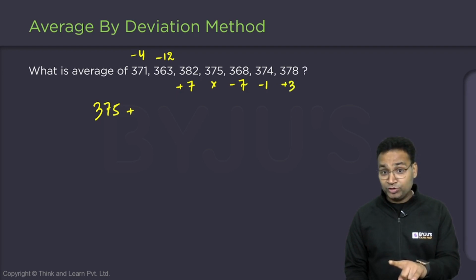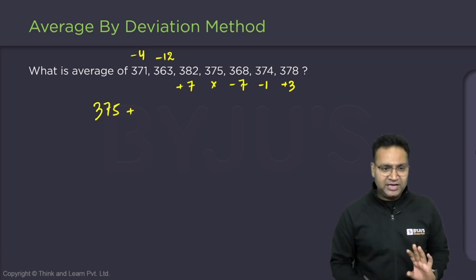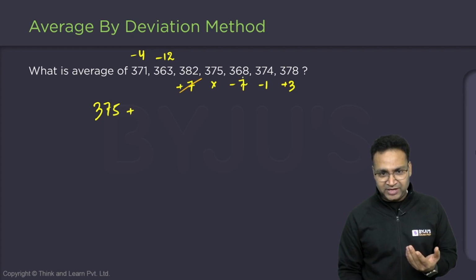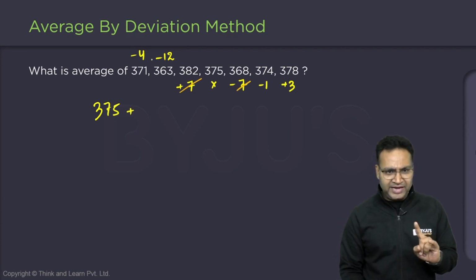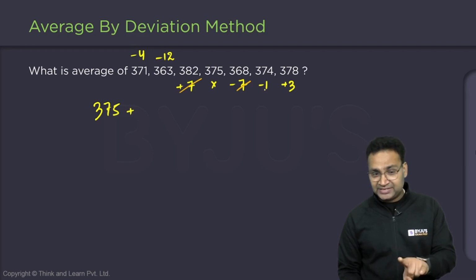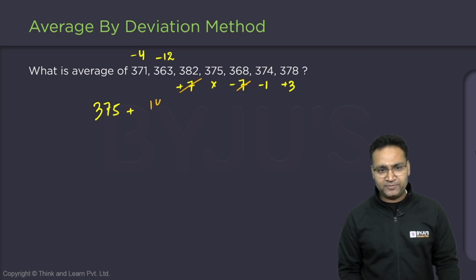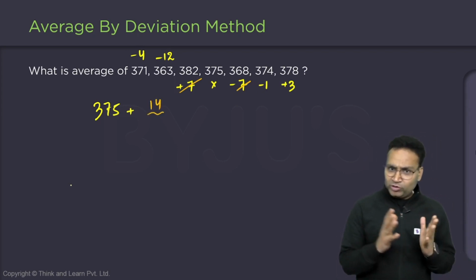So the good news is, if you look at the deviations from 375, plus 7 and minus 7 have cancelled. Minus 4 minus 12 is minus 16, minus 1 is minus 17, minus 17 plus 3 is 14. Total deviation is 14.